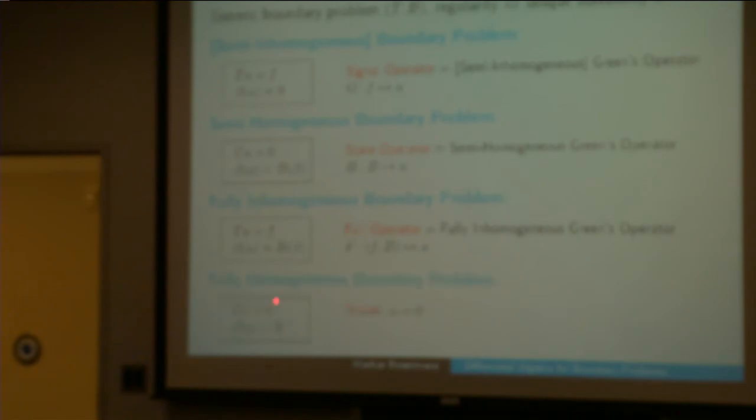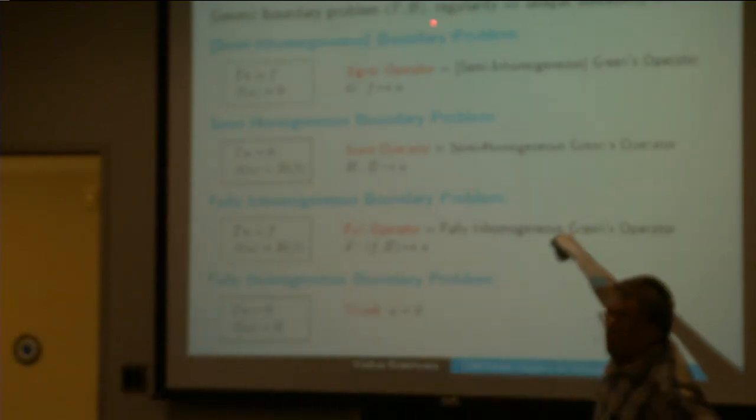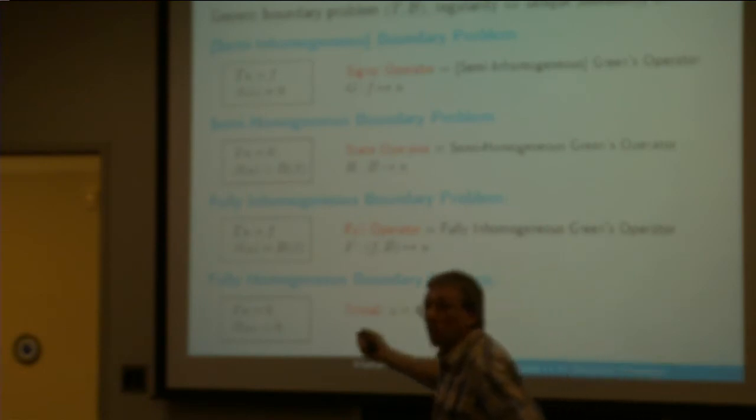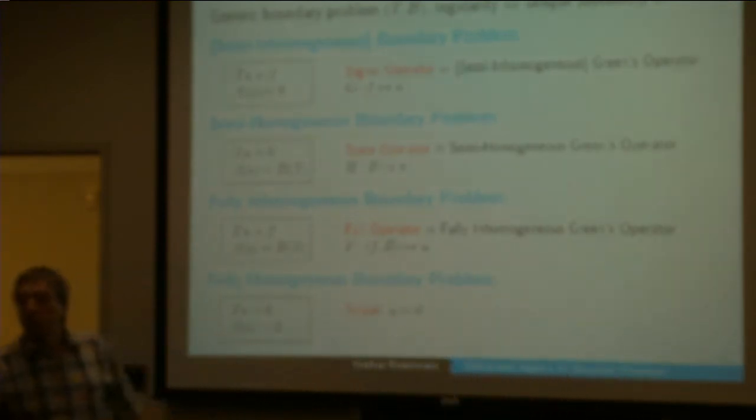And then the fourth possibility is, of course, that I use 0 here, but that's uninteresting. Well, it's uninteresting only if we assume a regular boundary problem, okay? But tomorrow, in my last talk, I will also consider singular boundary problems, where this is not trivial at all, yeah? But only under this assumption, this is trivial. Okay.